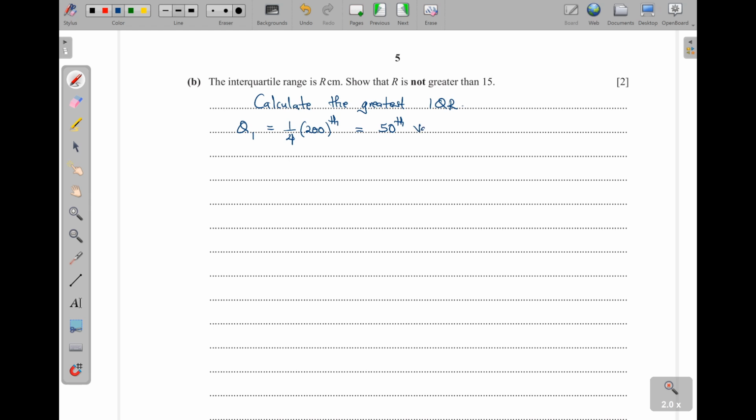And then Q3 is 3/4 of the summation of F. 50 times 3, that will be 150, the 150th value. Now we need to find the classes within which these values lie. To do this, we use cumulative frequencies.